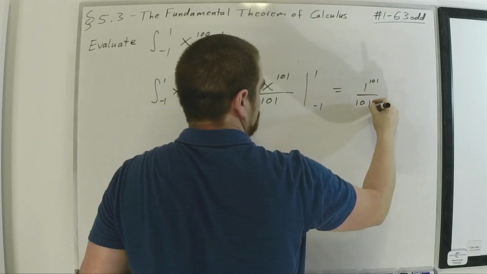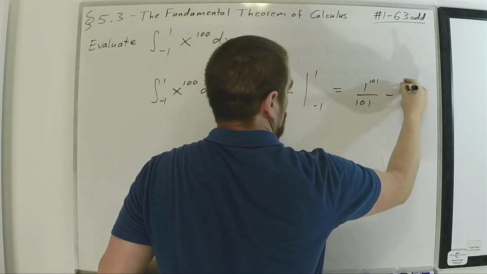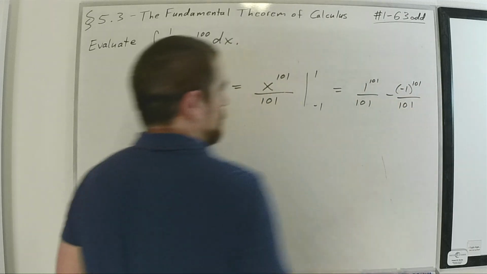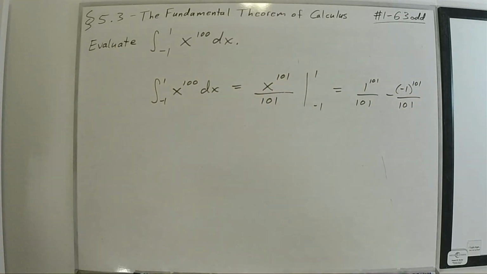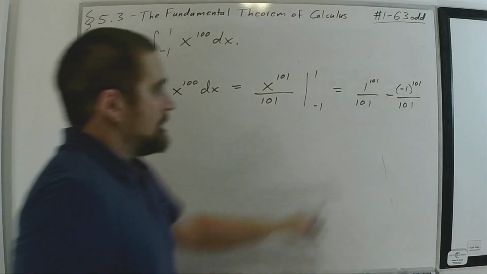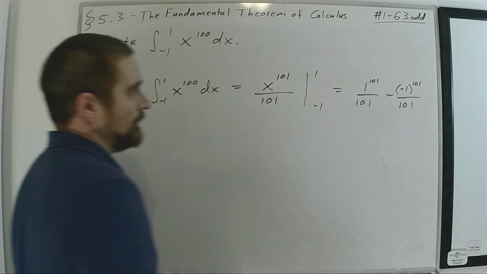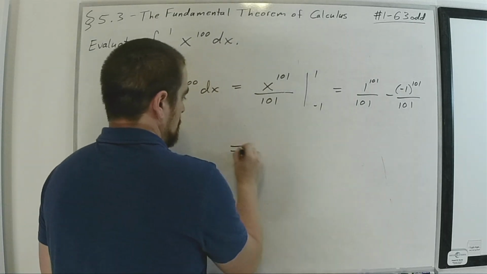minus -1 to the 101 divided by 101. Right? So I plug in the upper bound, or the upper limit, which is +1. And then I subtract the lower limit plugged in, which is -1 to the 101 divided by 101. Yeah, it's kind of silly.